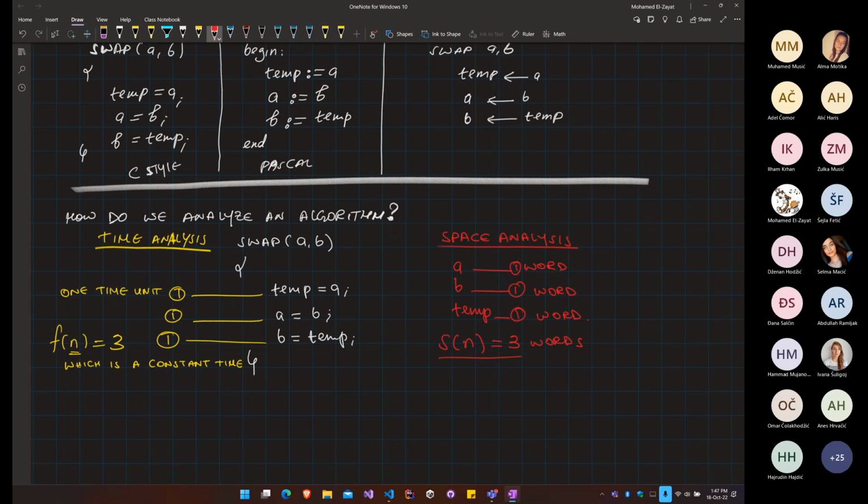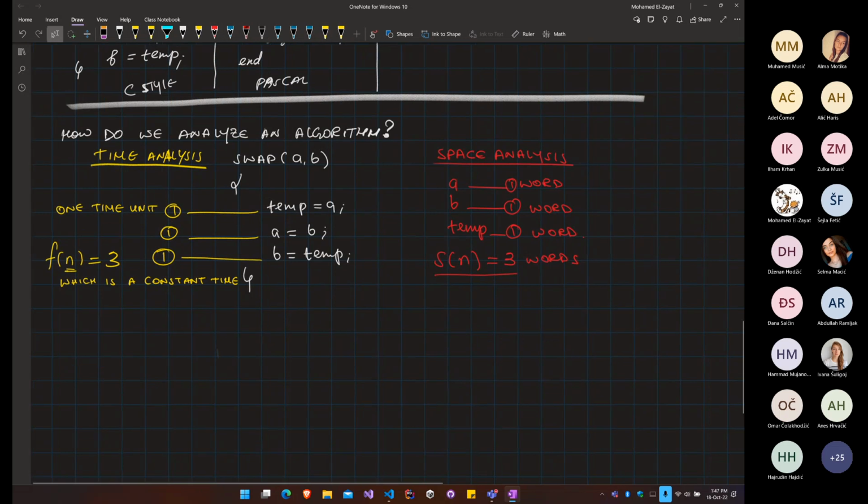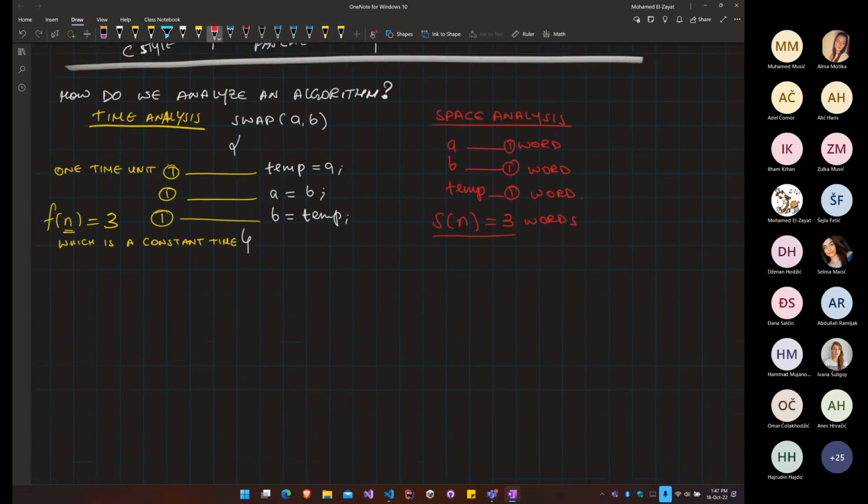One of the things you have to understand is that we do approximations. When we do algorithm analysis, we always do an approximation. It's not hardcore, super precise, exact. For example, right now we said that the time analysis of this is 3. Usually we ignore these constants.